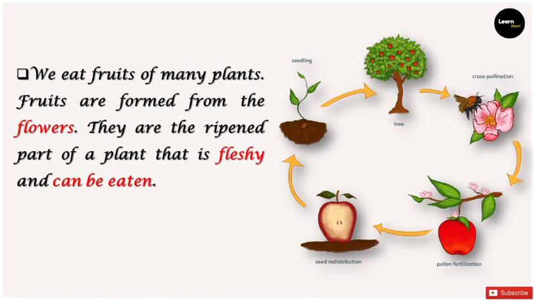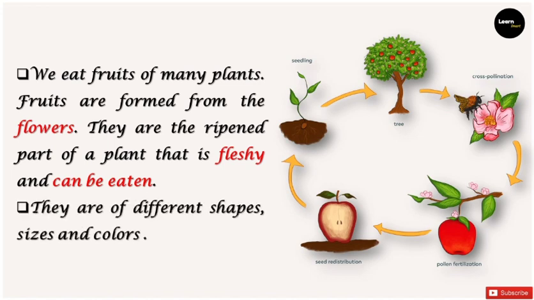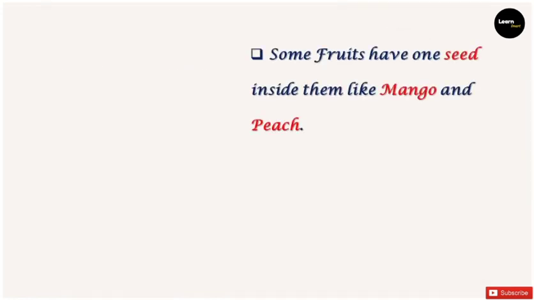We eat fruits of many plants. Fruits are formed from the flowers. They are the ripened part of a plant that is fleshy and can be eaten. See this picture, how a plant grows up. They are of different shapes, sizes and colors.